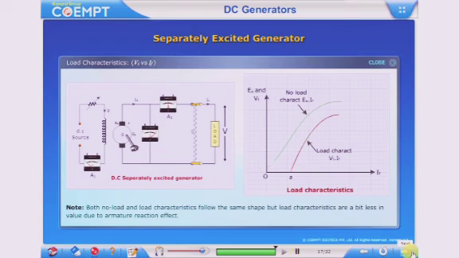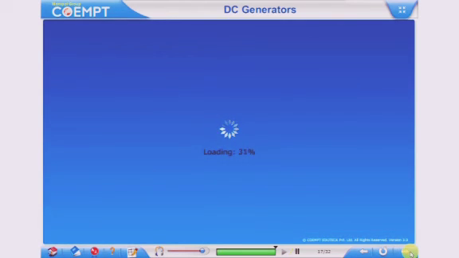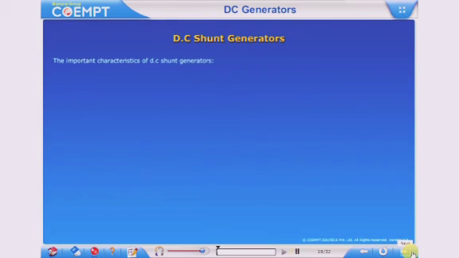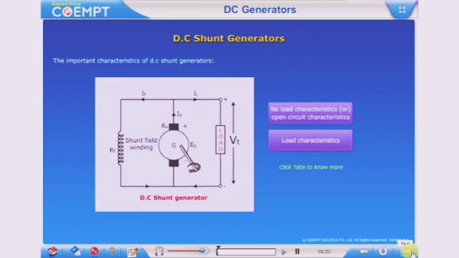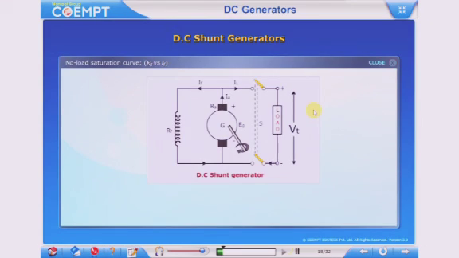If the field winding circuit of the shunt generator is disconnected from the armature circuit and separately excited, then the no-load characteristic with separate excitation will not differ from that obtained with shunt excitation. This is due to the fact that a small amount of current flowing in the armature of the shunt generator has negligible effect on the main flux.